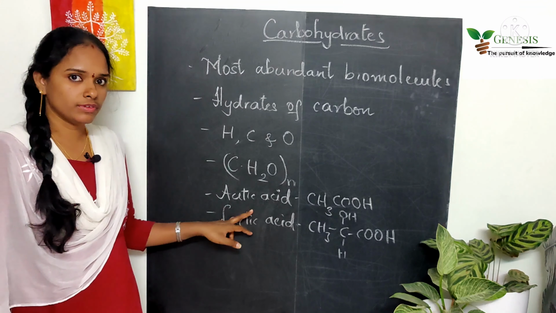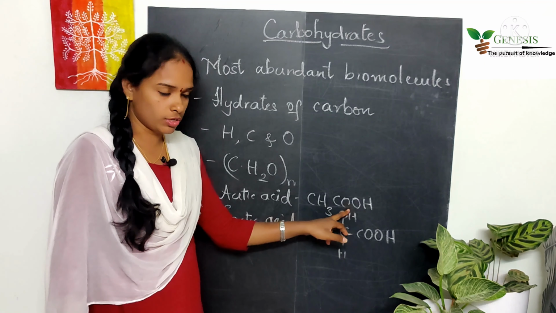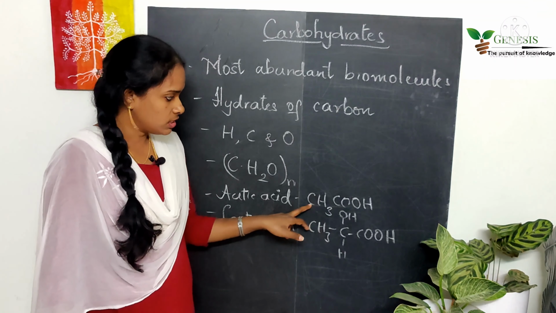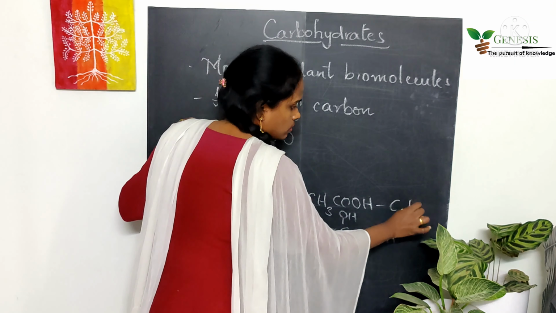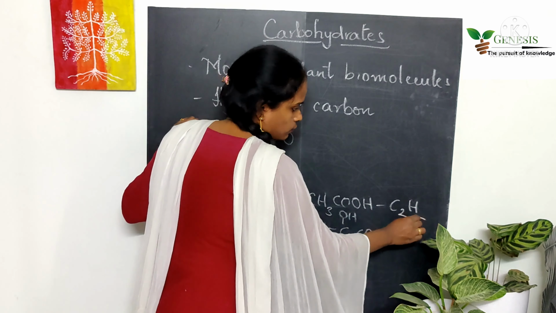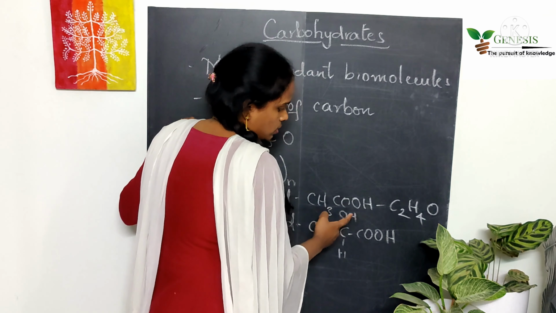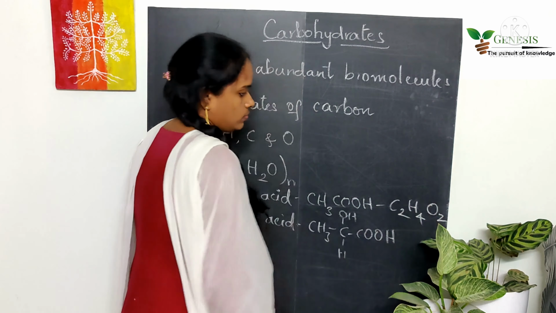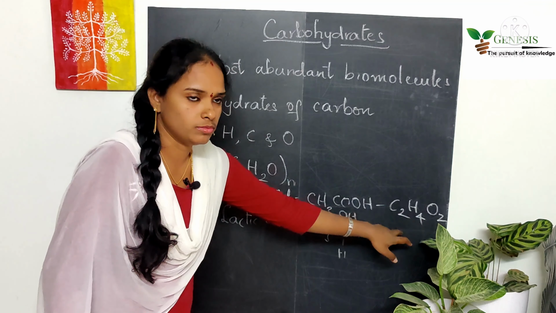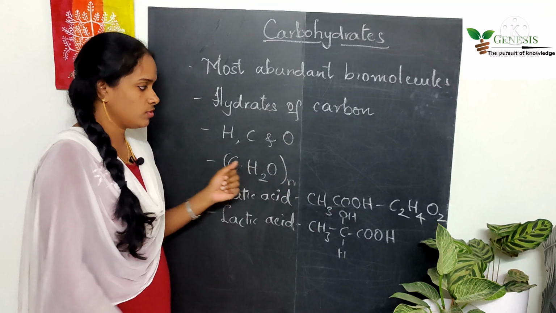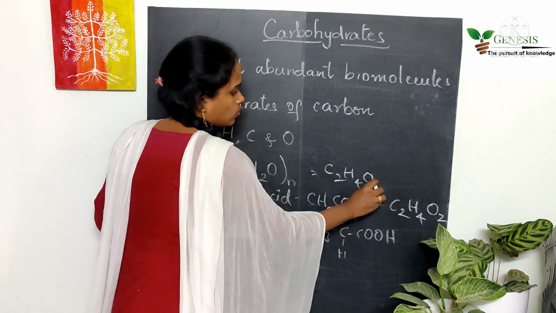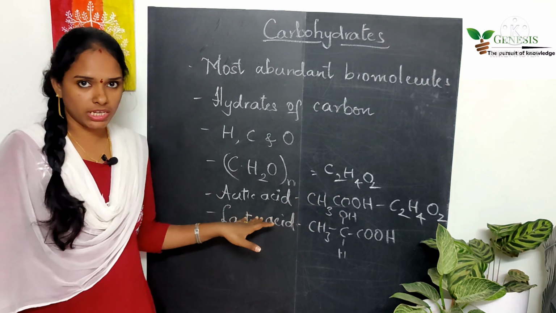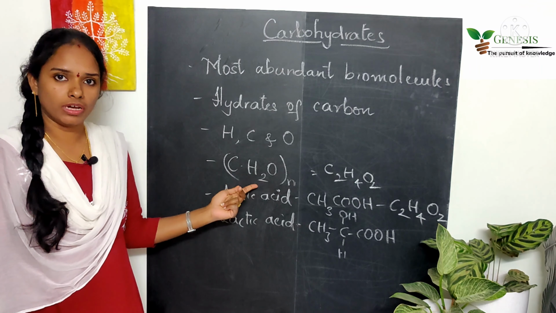In the case of acetic acid, CH3COOH, we count 2 carbons, so it is C2, hydrogens 4, oxygens 2. So C2H4O2, n is 2, so C2(H2O)2. So acetic acid obeys the general formula of carbohydrates.